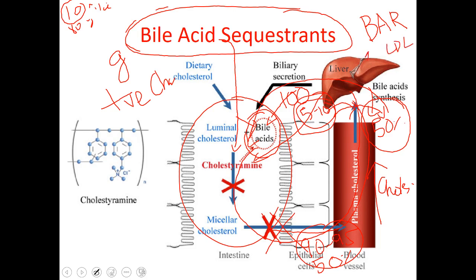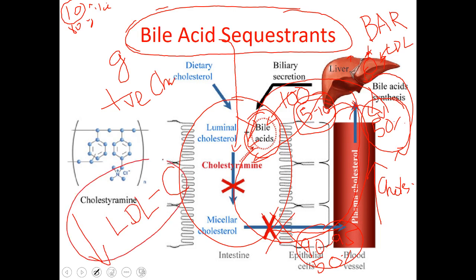So, it increases the expression of LDL receptors, circulating LDL will be sequestered, from that cholesterol will be mobilized and used for increased bile acid synthesis. So, ultimately with the use of bile acid sequestrants, as with statins, the predominant lipoprotein that will be affected is LDL cholesterol. So, there will be a reduction in the LDL cholesterol.